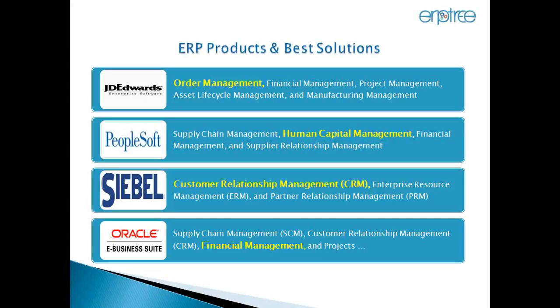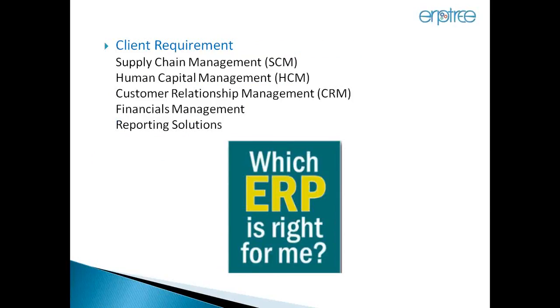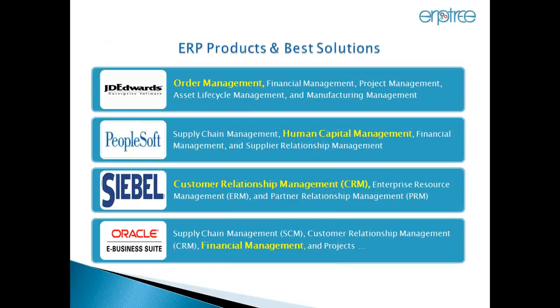Now, if a client is looking for this solution, the reality is the client has to choose SCM, supply chain management, from one vendor, HCM from one vendor, customer relationship management from Siebel, and finance from Oracle. So this is how they have to choose.